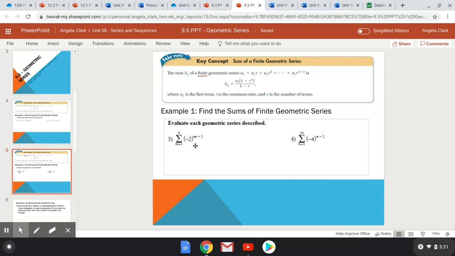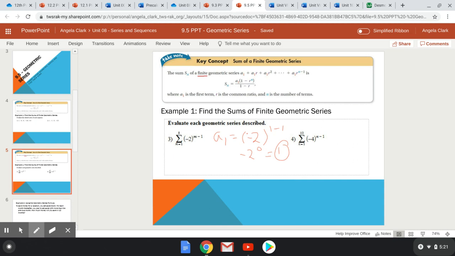There's nothing here, so our first term is 1, which you could figure out by plugging 1 in here. 1 minus 1 is 0. Negative 2 to the 0 is 1. We need that for our formula, so I'm going to write that down. Negative 2 to the 1 minus 1 is negative 2 to the 0, which is just 1.